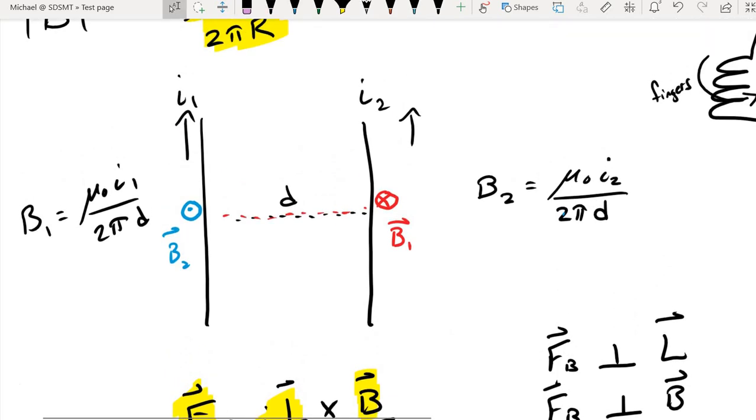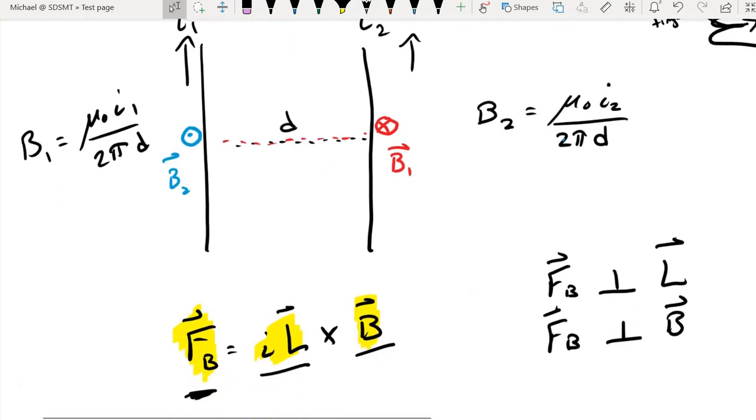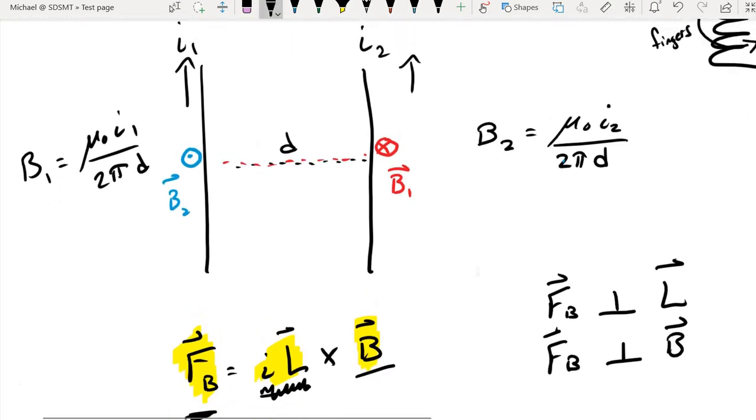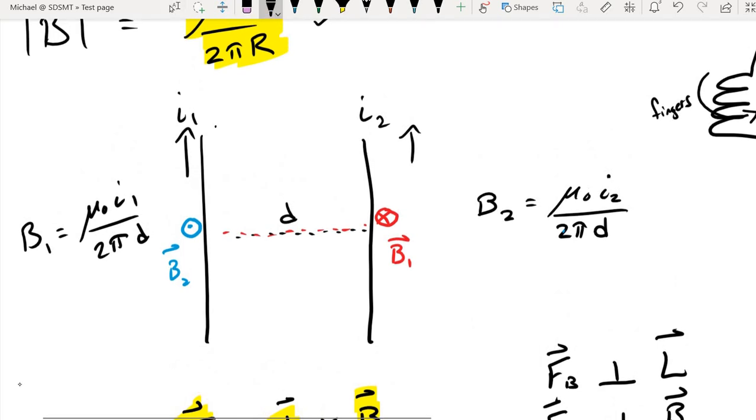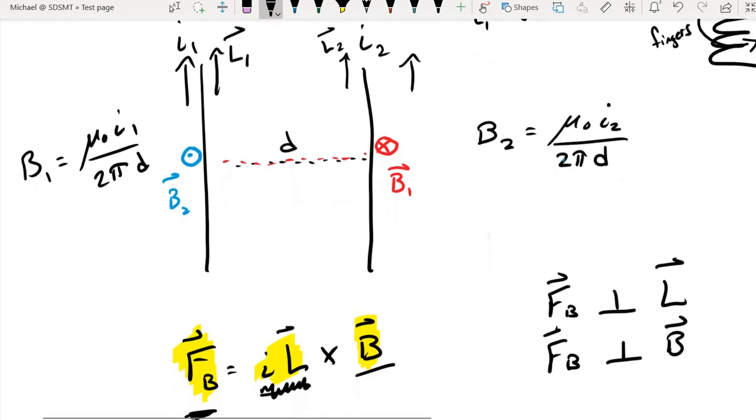Well, where are the length vectors? The length vectors are going to be paired with the respective currents. So I have length 1, which is the displacement through the first wire that current 1 has to travel, and I have length 2, which is the displacement that current 2 has to travel through its wire, except that I drew this in such a way that the magnitudes of L1 and L2 are the same, so I'm just going to call them both L.